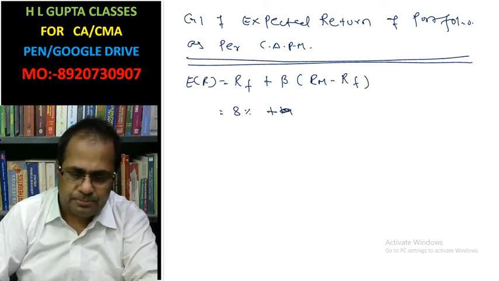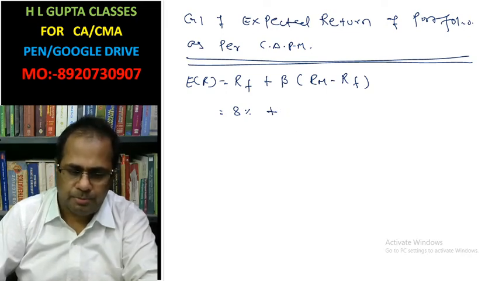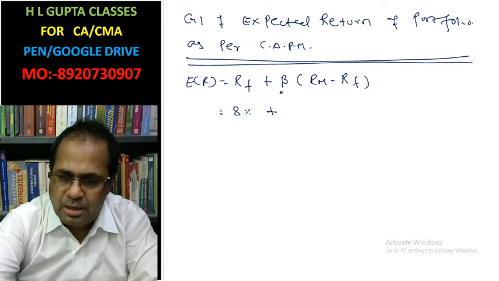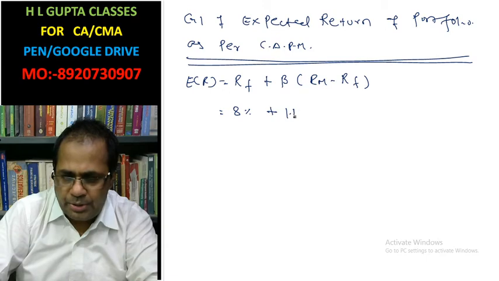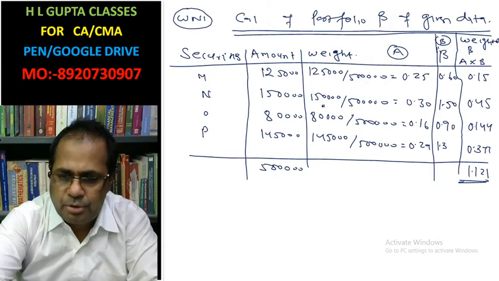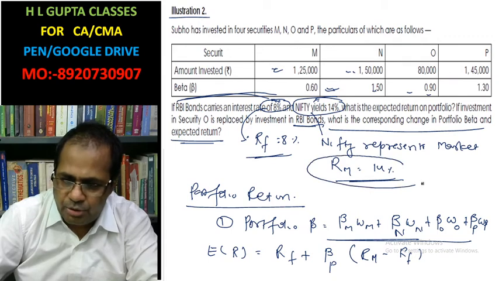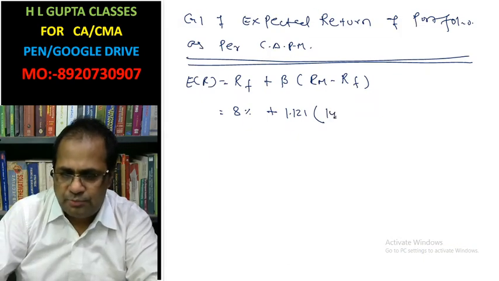Beta is calculated here: 1.121. RM, the return on the market portfolio, is given here as 14%. So 14% minus 8%.